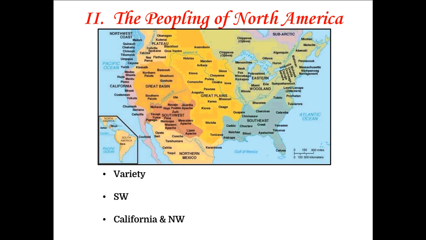One of the things we want to emphasize, obviously, is the wide variety of Native American cultures in North and South America. And these cultures are going to develop differently, and some of them become increasingly complex by adapting to and transforming their environments.